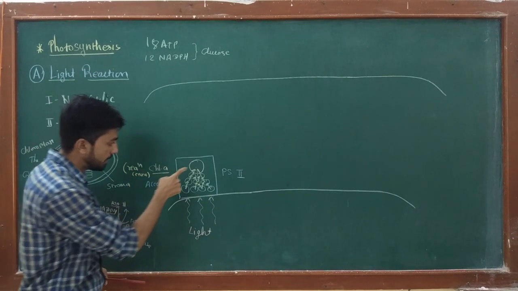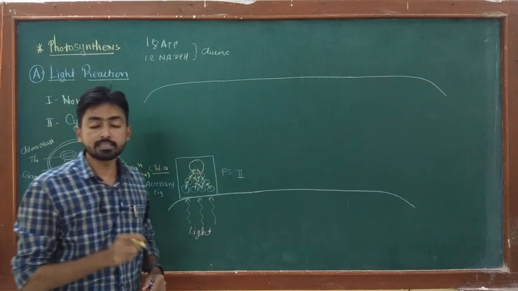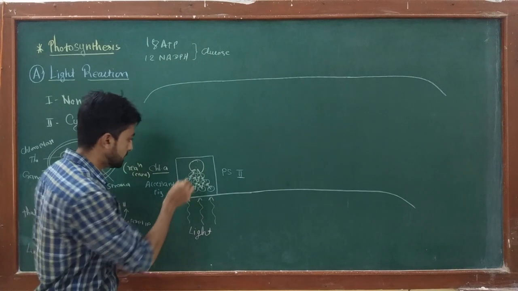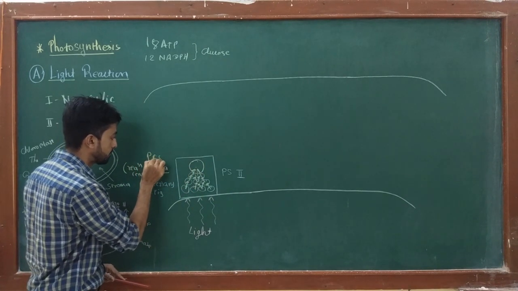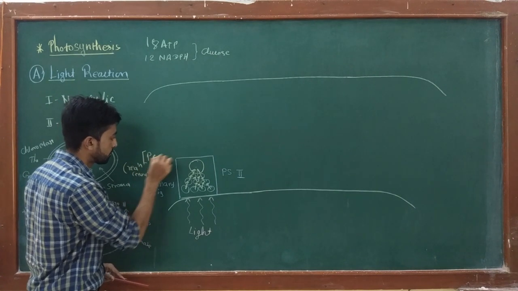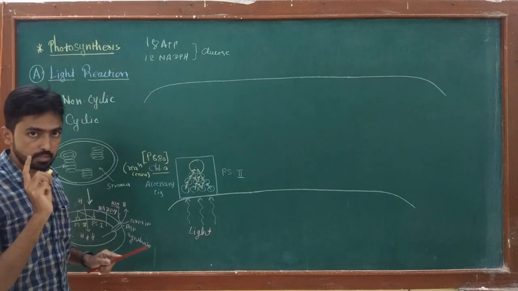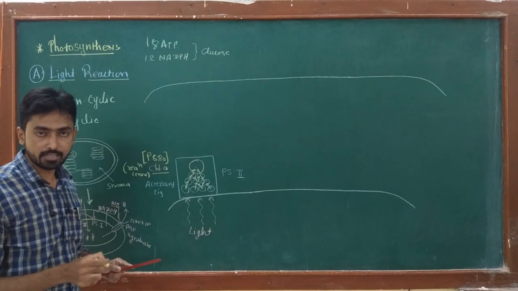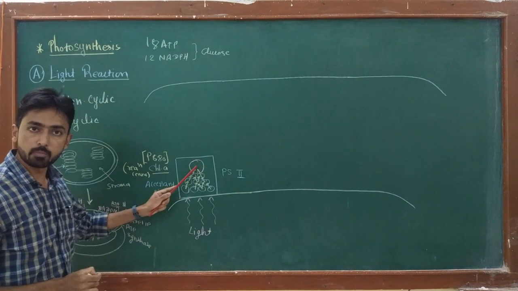Chlorophyll A of photosystem 2 mainly absorbs light of wavelength 680 nanometer. So this is called P680. This is photosystem 2, the first photosystem that takes part in the light reaction, present in the thylakoid membrane, having accessory pigment and essential pigment.